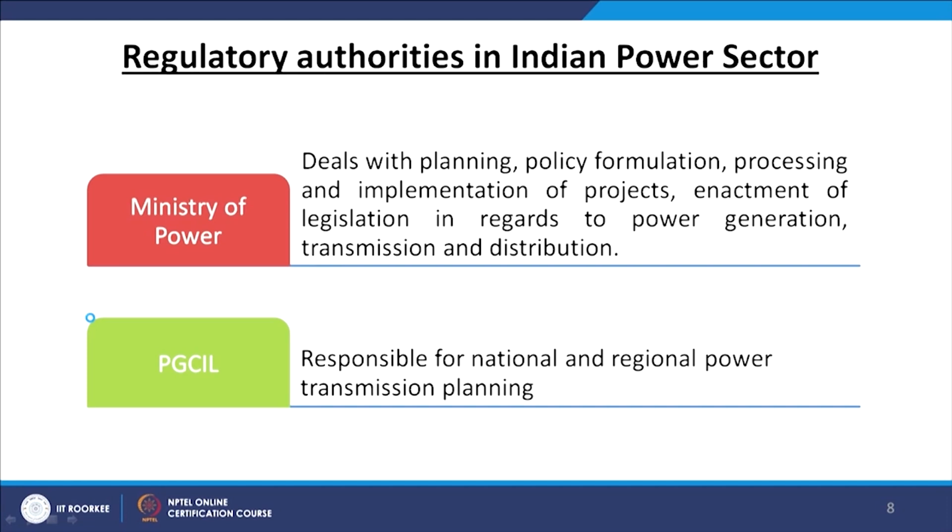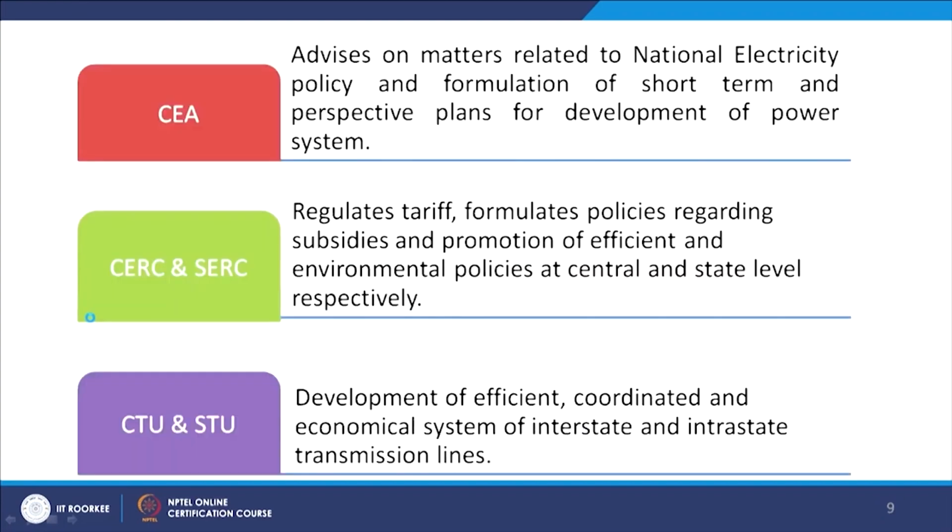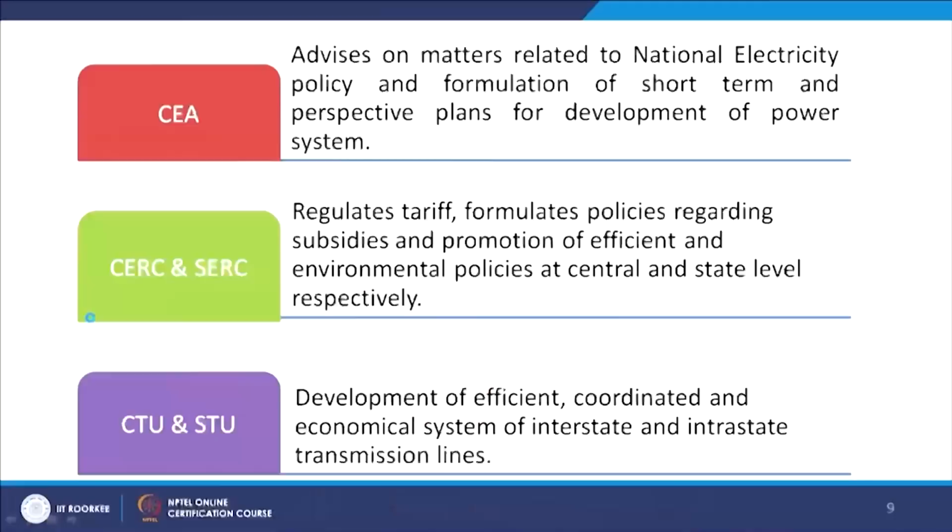Next important body is Power Grid Corporation of India Limited, responsible for national and regional power transmission planning. Then we move to the Central Electricity Authority, which advises on matters related to national electricity policy and formulation of short term and perspective plans for development of power systems.